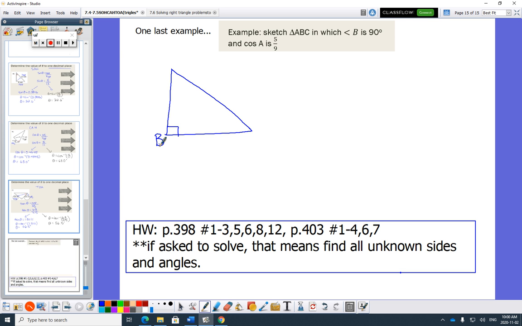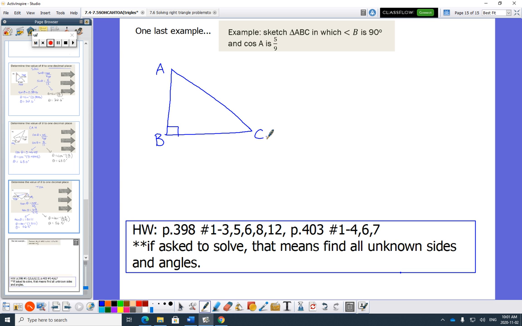Without putting the numbers in, it doesn't matter how you draw this. We go in alphabetical order. Don't go B, S, R. Okay? We're going to do A, B, C. Oh, it says A, B, C, but it's always alphabetical order. We use capital letters for the angles.